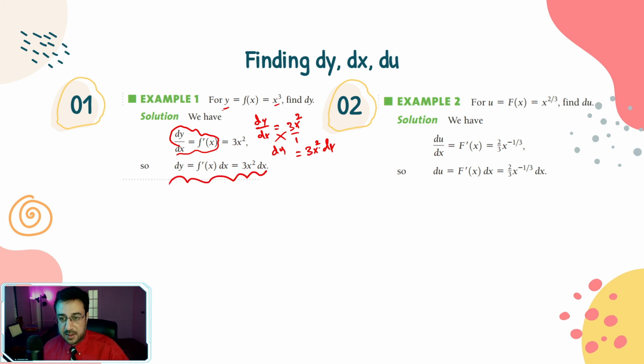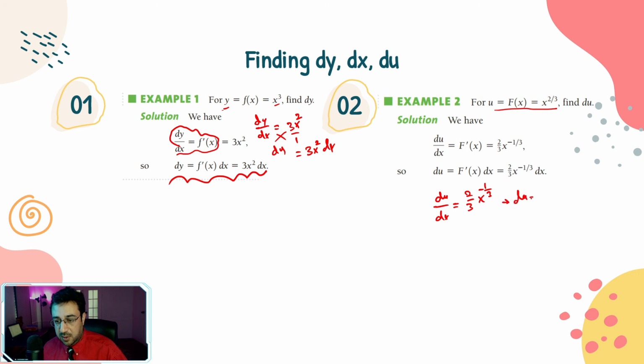As easy as that. Now you have u equals x to the power of 2 over 3. Find the du. Of course, here du over dx means we are differentiating the function of u with respect to x, which would equal 2 over 3 x to the power of minus 1 over 3.